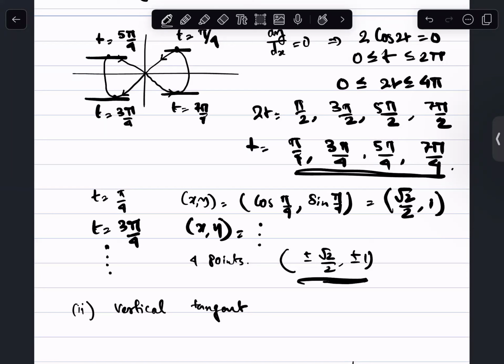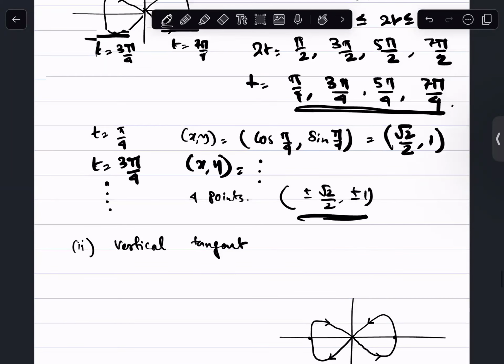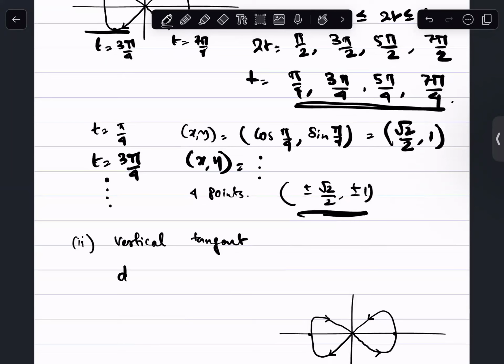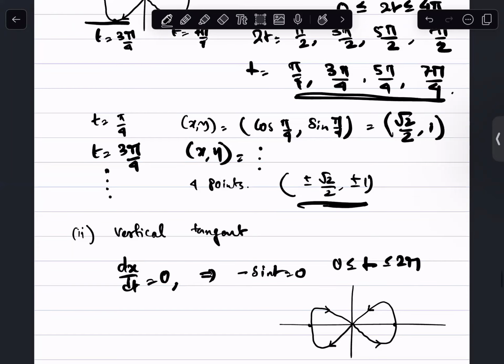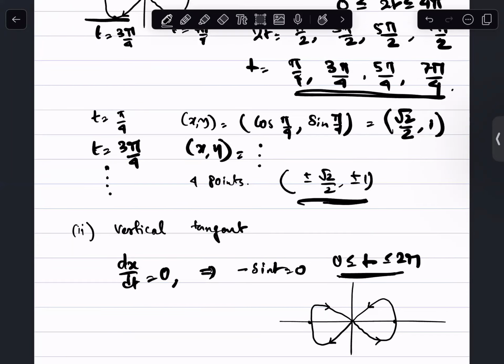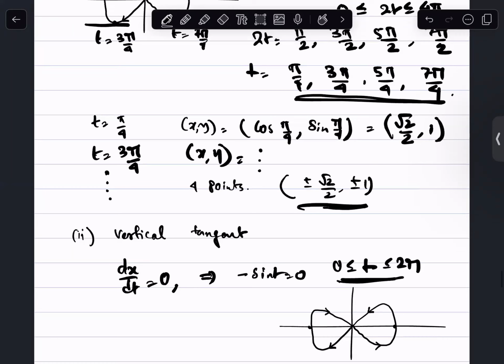For vertical tangent, I remember that I need to have dx dt to be 0. Right, and dx dt, if you remember, is nothing but minus sine t to be 0. t is in between 0 to 2 pi. When my sine t is 0, in this restriction of t, I'll get t to be 0, pi, and 2 pi.